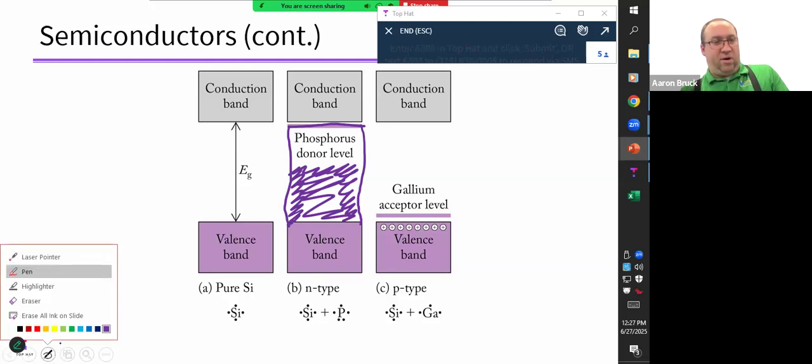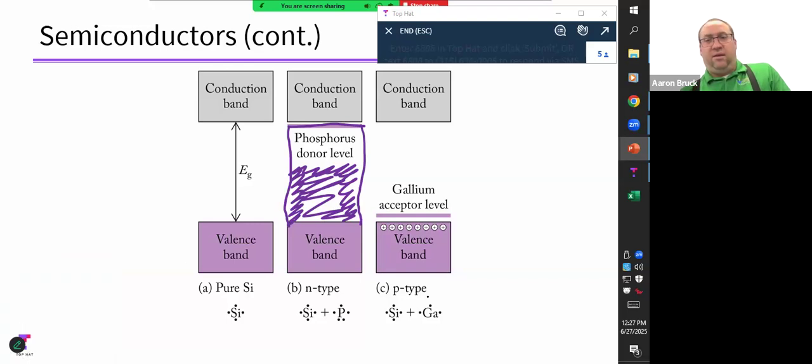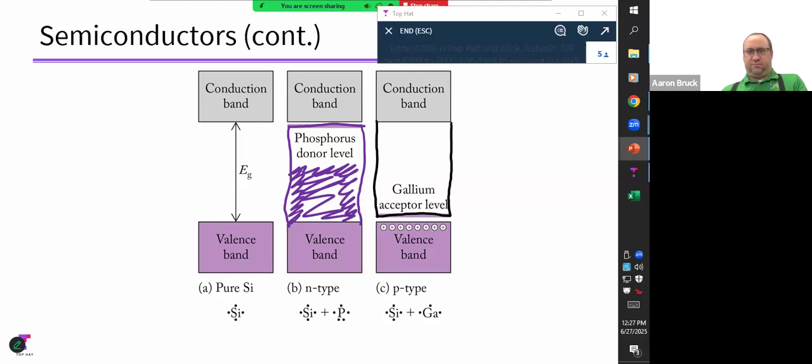How a P-type works: gallium has fewer electrons. And so what it does is it's going to move the acceptor gap down closer to the valence band, and it's going to shrink the gap that way.